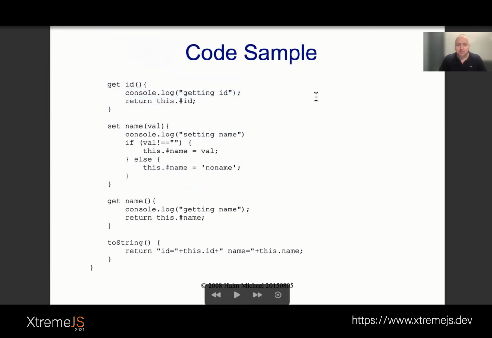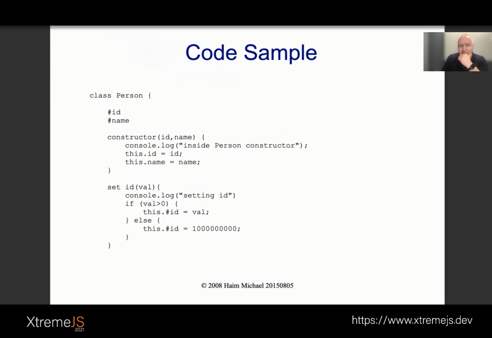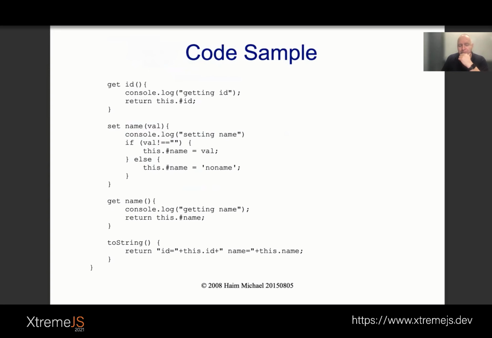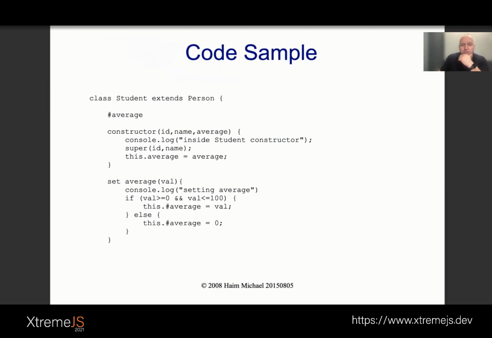Another thing I want to refer to in this code sample is the possibility we have, when defining a constructor, to use the word super in order to invoke the constructor that was defined in the parent class. This is also something I paid attention to.